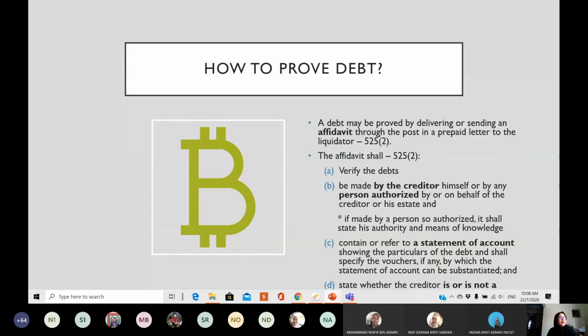Contohnya kalau macam goods sold and delivered, supplier hantar barang kepada company tu kan dia ada dokumen kan, ada invoice, ada delivery order, semua dokumen-dokumen tu must be attached together with the affidavit. So maksudnya kita prove the debt owed by the company to the creditor. Okay, so this is important part to be done on the part of the creditors, to claim the debt so that the creditors will be paid through the liquidation process.